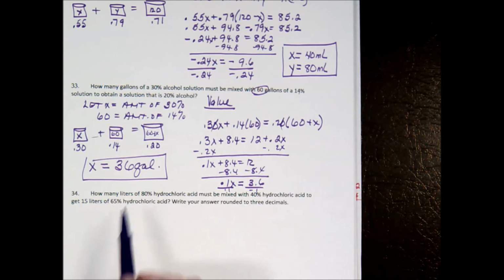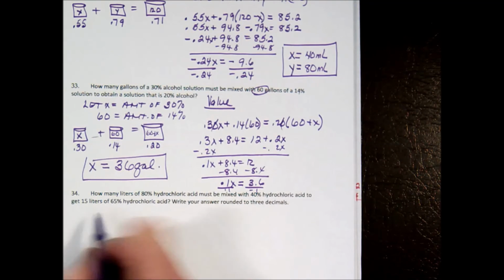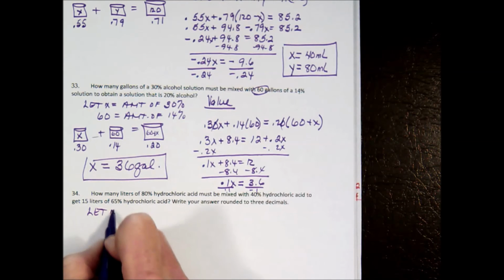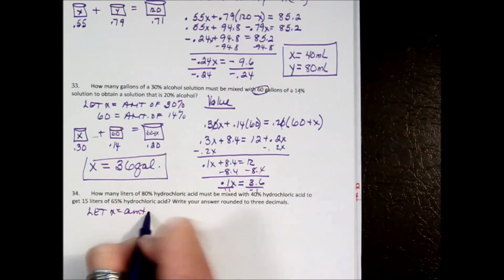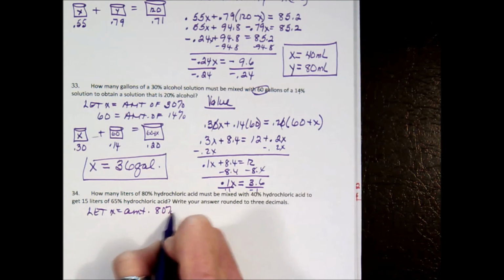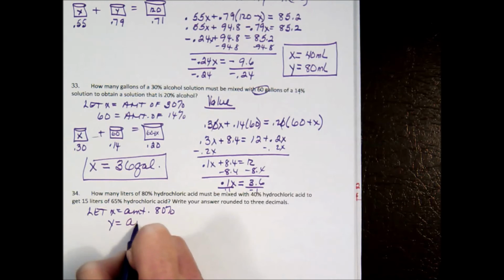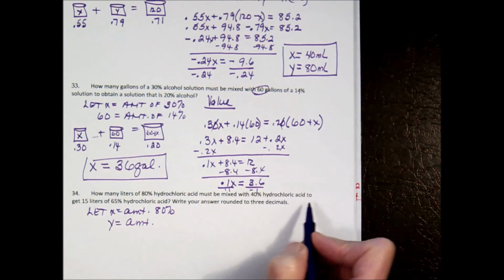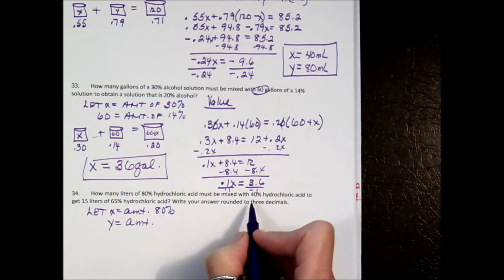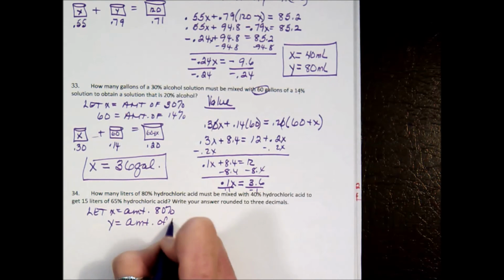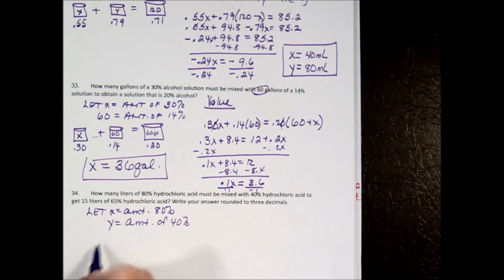So we're going to say, let x equal the amount of 80%, and I can say y is going to be the amount of, what's the other one, 40%. So now let's draw this picture and we'll get our two equations.